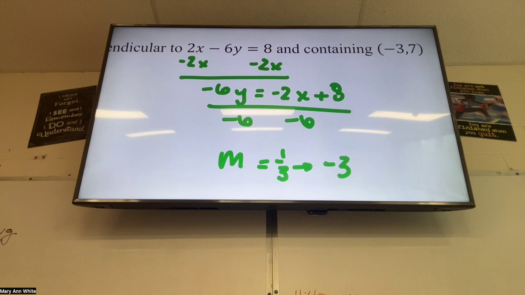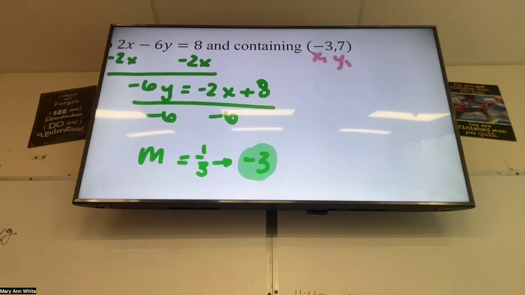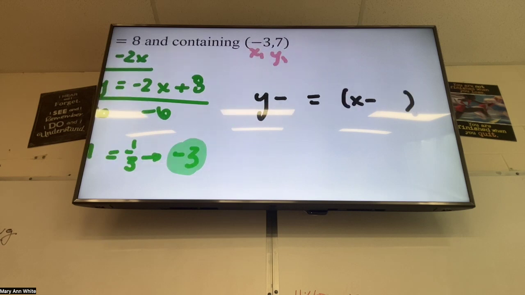Negative 3. Good. So we're going to use negative 3. And then we're going to plug into our point slope form. Y minus y1 equals m times x minus x1. Y minus 7 equals negative 3 times x minus negative 3, or x plus 3. That's not too bad, is it?